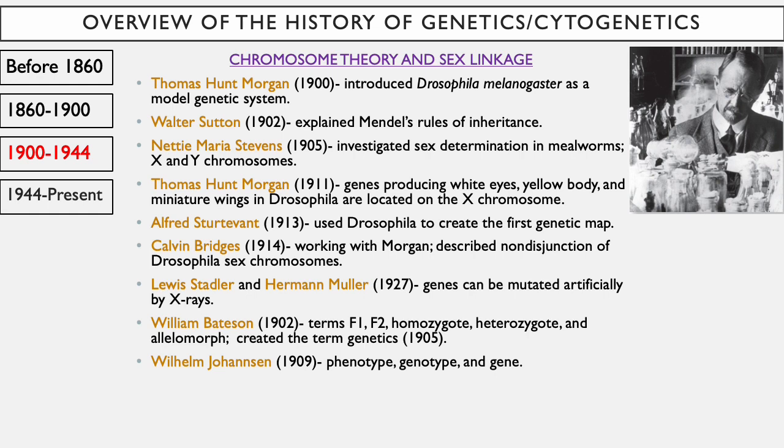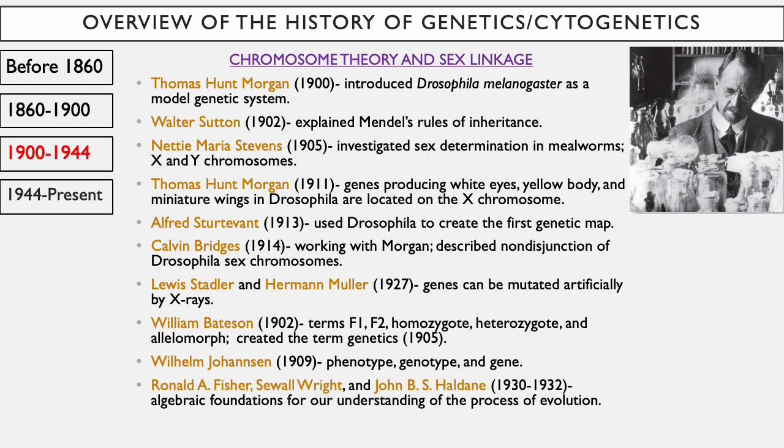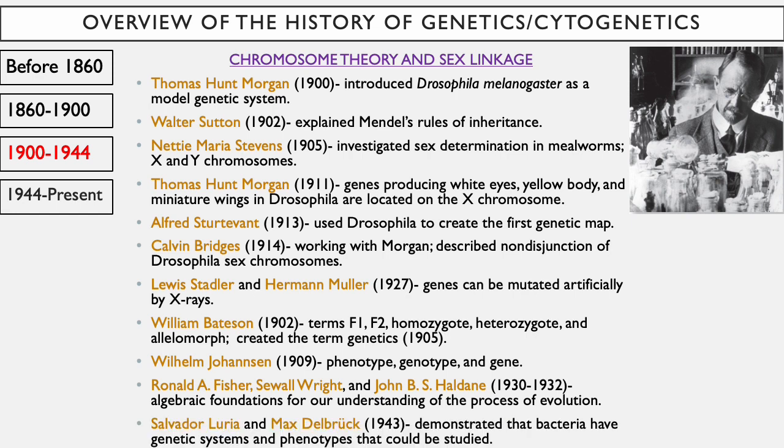Wilhelm Johannsen described the terms phenotype, genotype, and gene, while Ronald Fisher, Sewall Wright, and J.B.S. Haldane founded the algebraic understanding of the process of evolution. Salvador Luria and Max Delbruck demonstrated that bacteria have genetic systems and phenotypes that could be studied.